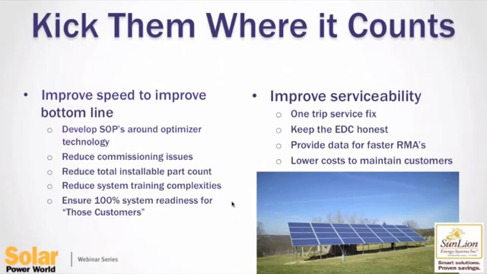And at that level, you're not getting the resolution you need to be able to do this remote monitoring and one-trip service fixing. And ultimately, this all comes down to lowering costs to maintain your customers, but also to gain new customers. I'm going to point out this photo here. This array, I mean, there's not much that's particularly spectacular about it, but this system is about 3.5 hours away from us.